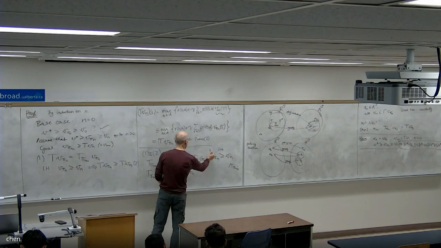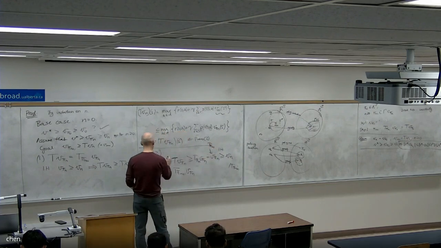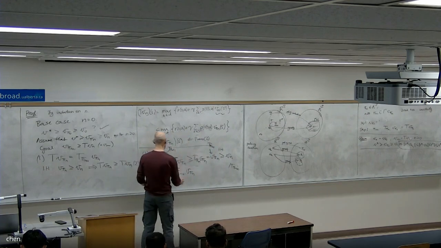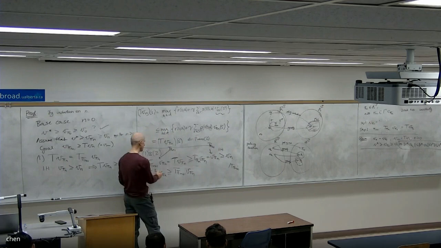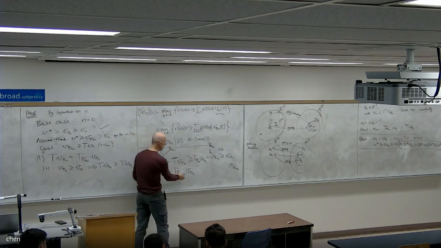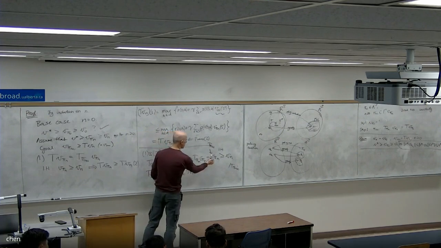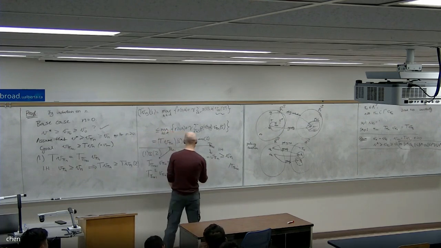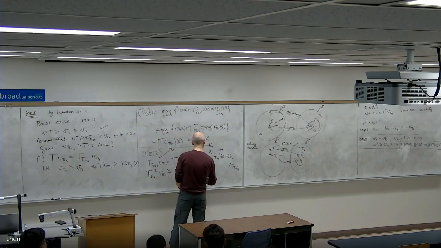Okay, so apply here T pi n plus 1, and apply on this side T pi n plus 1. Then we get T pi n plus 1 squared. V pi n is greater than or equal to T pi n plus 1 applied to V pi n, which is greater than or equal to T pi n plus 1 applied to Vn.